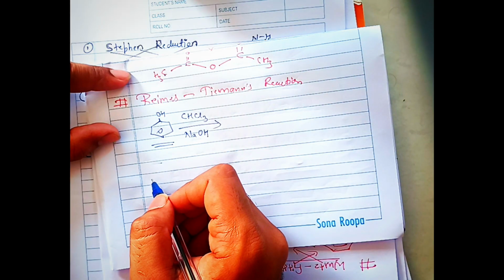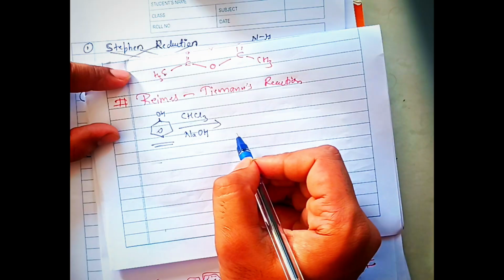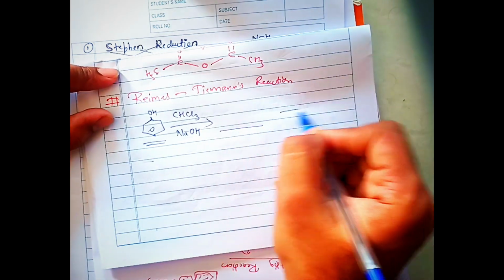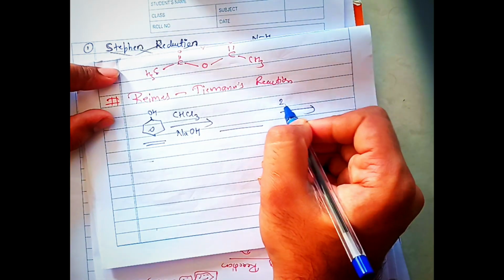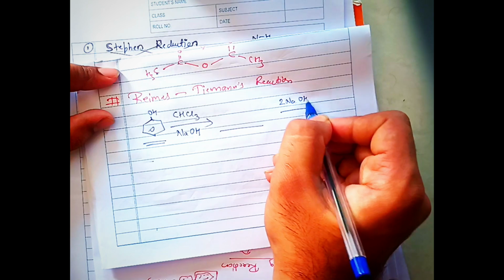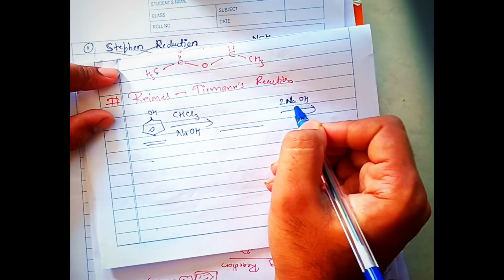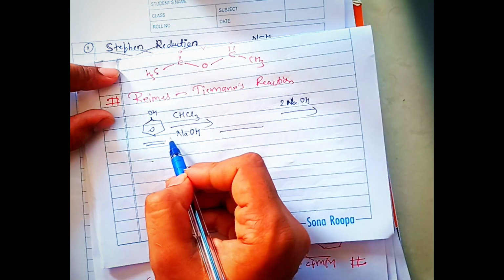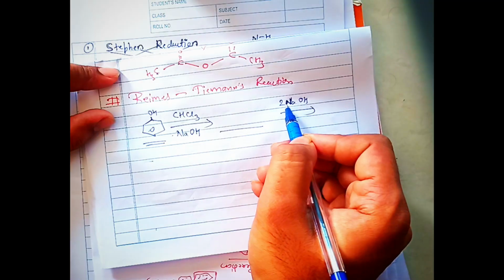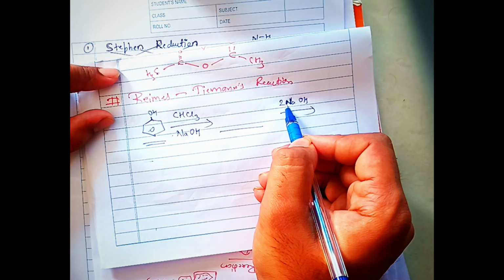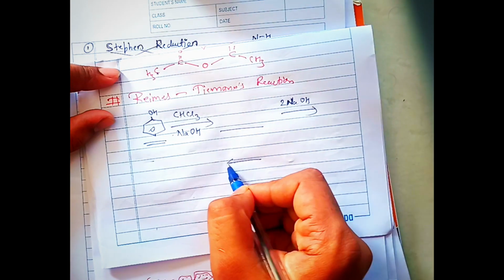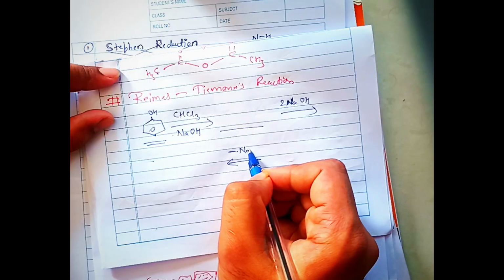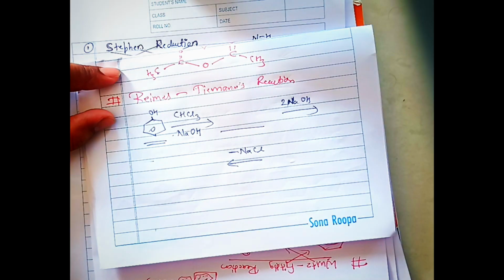So here the trick will be, there will be one structure, and again we can take 2 NaOH. So the reagents will be 1 NaOH, then 2 NaOH, right? And again here we take minus NaCl.